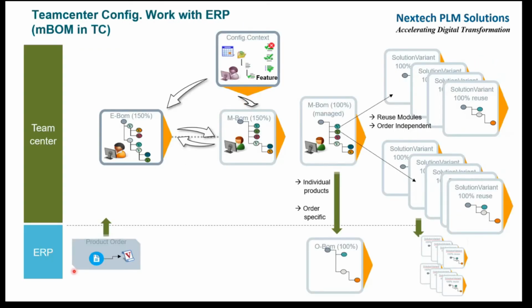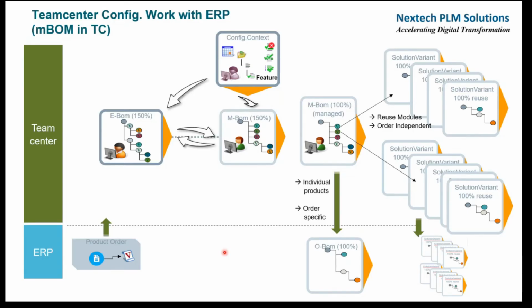So once the ERP system has generated the purchase order, PO, it will send the information to Teamcenter. Teamcenter will configure a 100% BOM from the 150% BOM, a separate solution variant will be created, and then that will be released to the ERP.